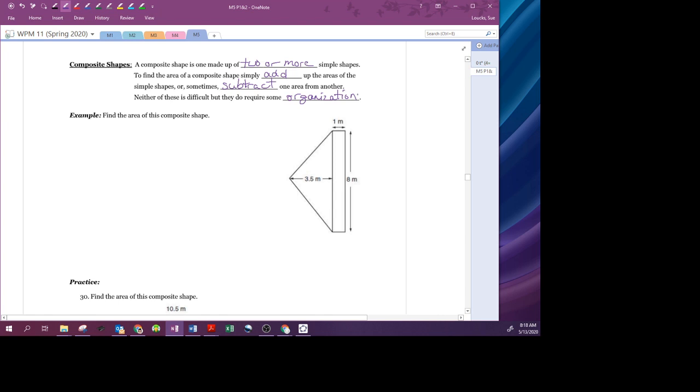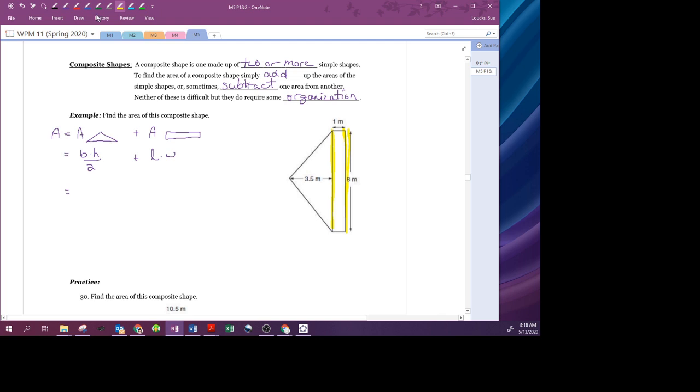So, finding the area of this composite shape. The area is going to be the area of the triangle plus the area of the rectangle. The area of the triangle is base times height divided by 2, and the area of a rectangle is length times width. Let's look at the triangle. The base of the triangle is this line, which doesn't have a measurement given, but it's the same as this one, right?